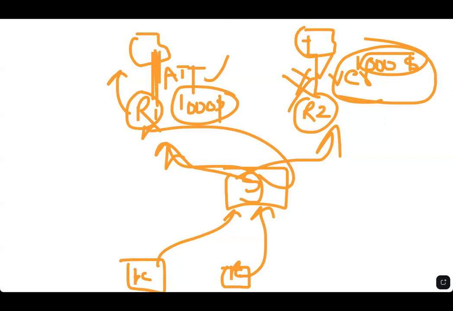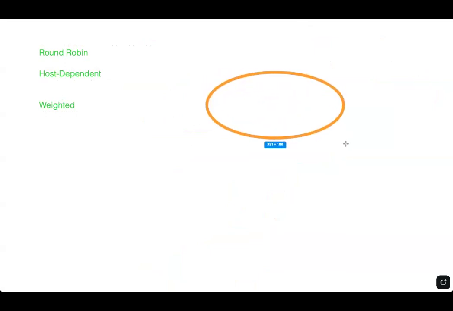So the different types of load balancing are, like I mentioned, round robin, host dependent, or weighted round robin. Like I said, round robin is like a round table.